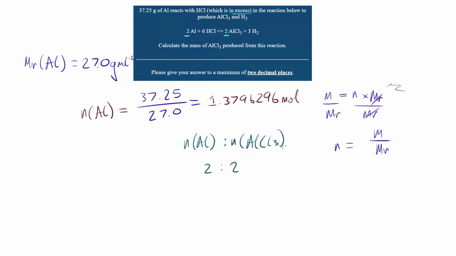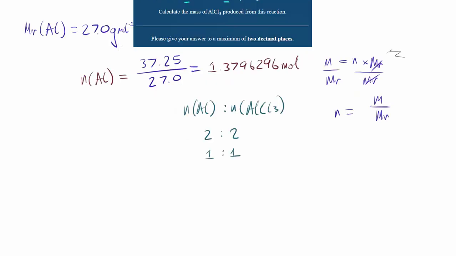If we divide that by 2, it means the same as a 1-to-1 ratio. So the moles are the same, and therefore the moles of AlCl₃ is 1.3796296.